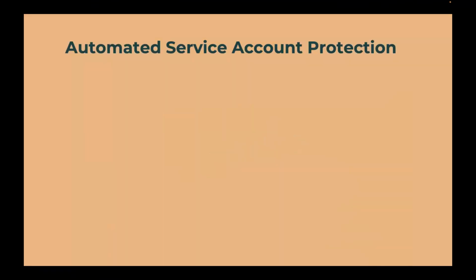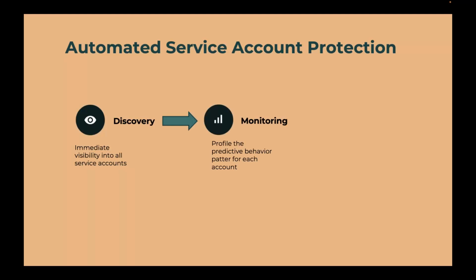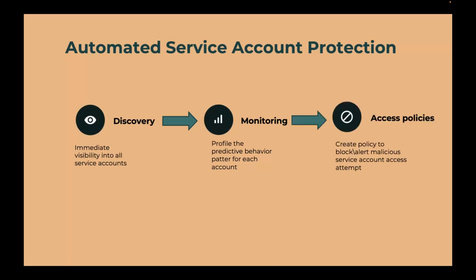Going back here, what we're saying is we've automated the discovery of service accounts, providing you immediate visibility into all of them. We've also automated the monitoring. Silverfort's risk engine, which I think is an overblown term, basically tells you whenever the service account deviates or features any other malicious behavior, and we automate the creation of the policy.